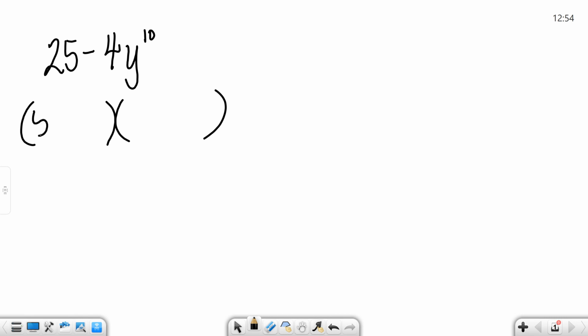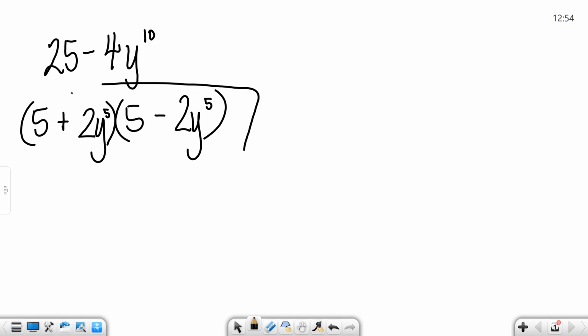So the square root of 25 is 5. The square root of 4y to the 10th is 2y to the 5th. Because remember, when we multiply, we add the exponents. So one parentheses gets a plus and one gets a minus.